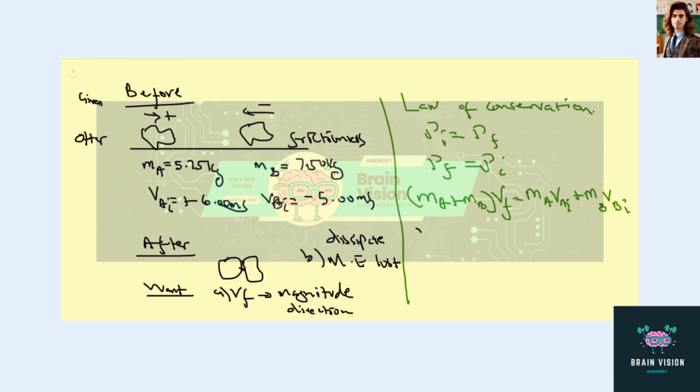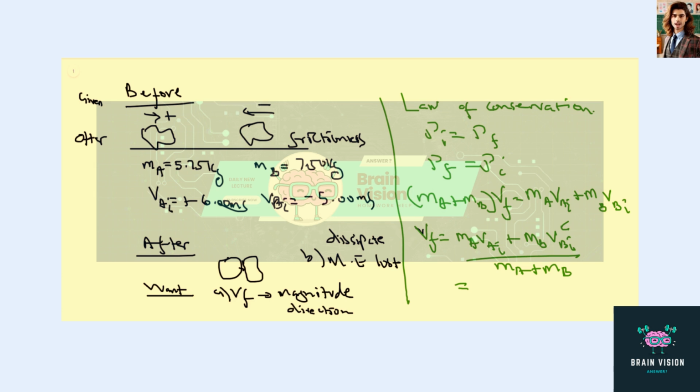And so the final velocity happens to be MA VAI, that's the initial momentum of the first otter, minus the initial momentum of the second otter, MB VBI, divided by the sum of the masses of the two otters.